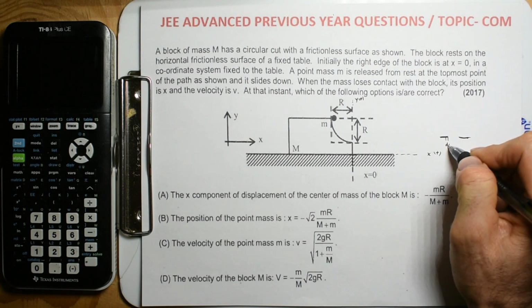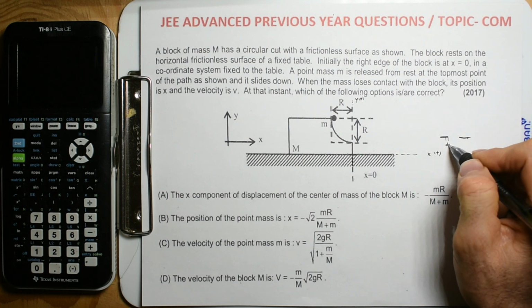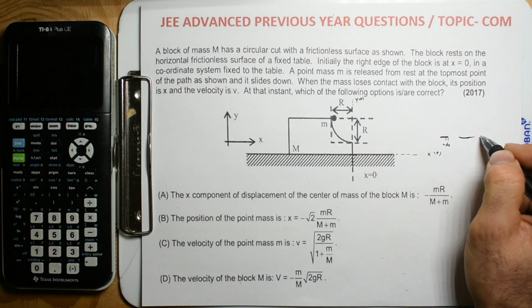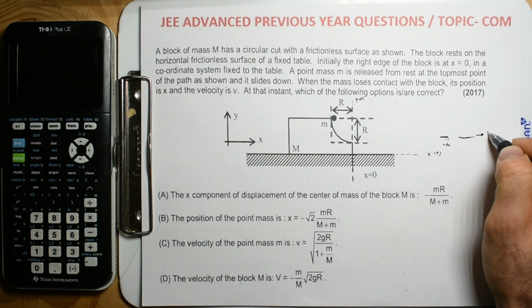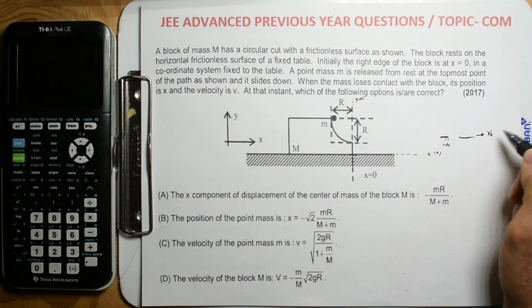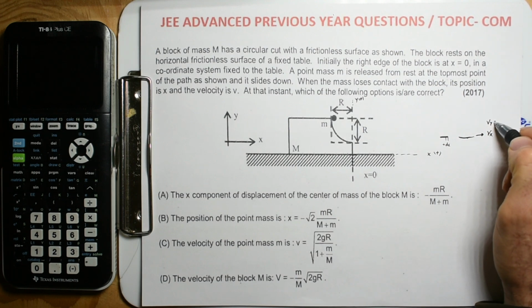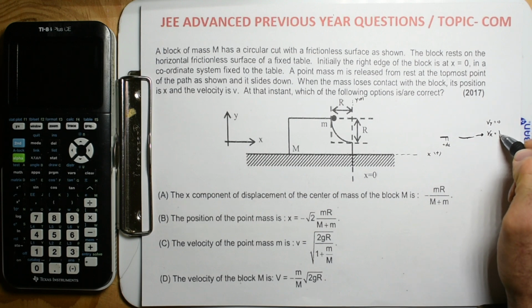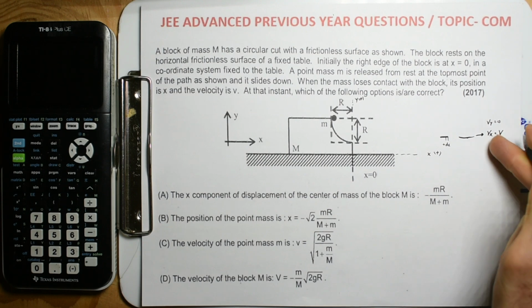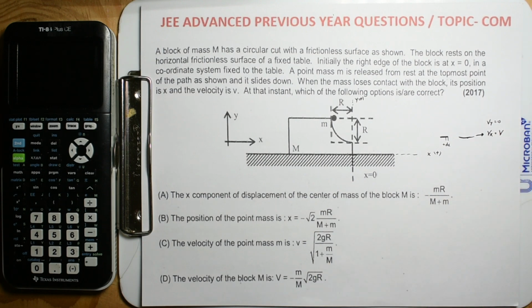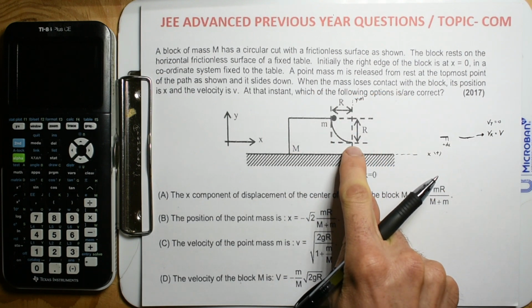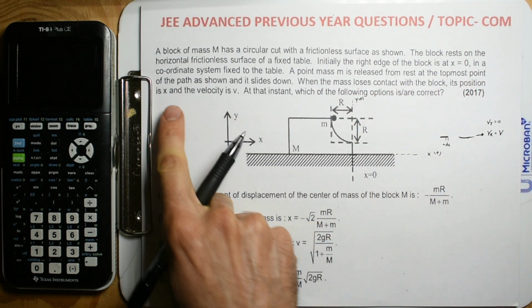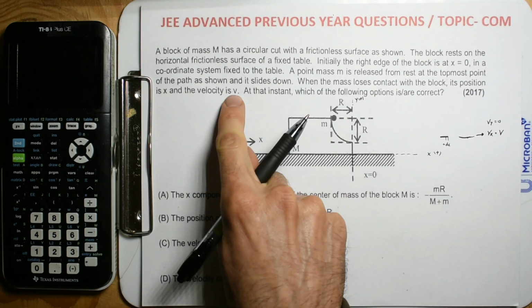If this is dx and it gets incrementally small, we're going to have a horizontal surface. So that point mass is only going to have a velocity in the x direction. Velocity in the y direction will be 0, and its velocity will just be v of x. So when that mass loses contact with the block, its position is x and its velocity is v.